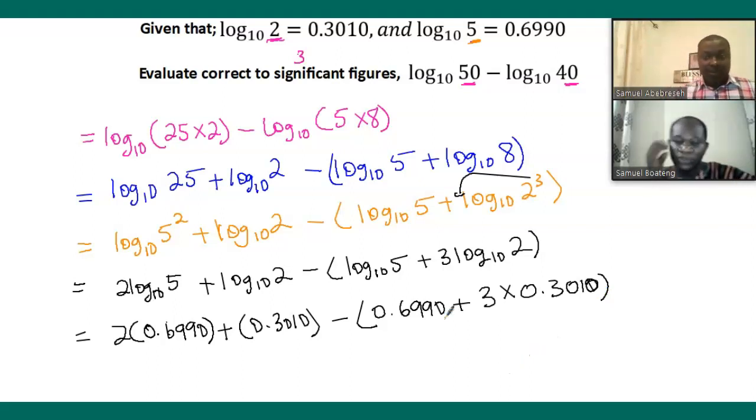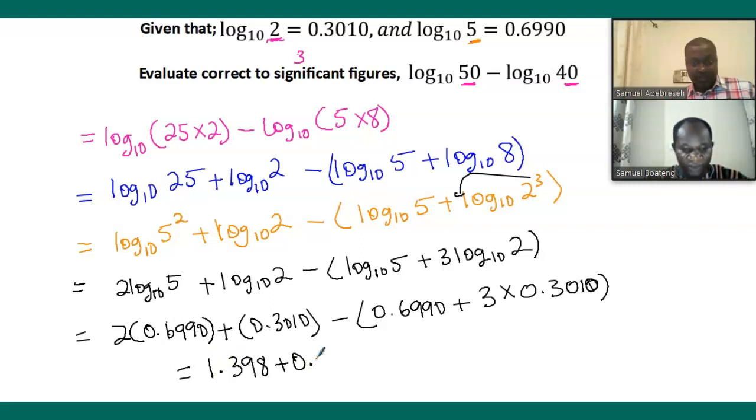At this point, you take your calculator and simplify this and that. So this will give us 0.3010 minus bracket 0.99.